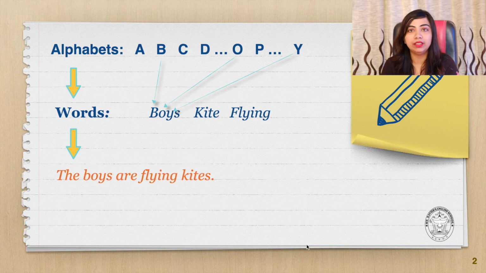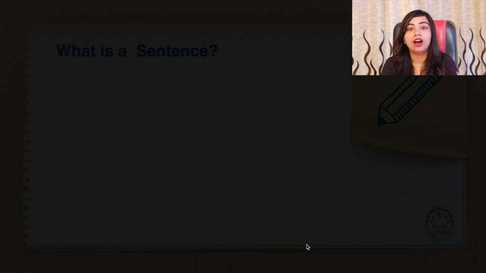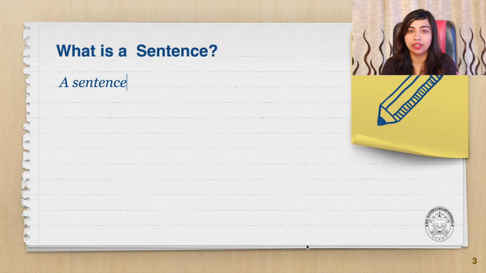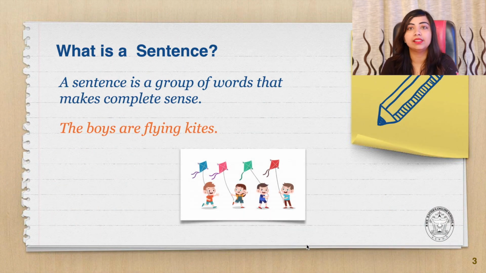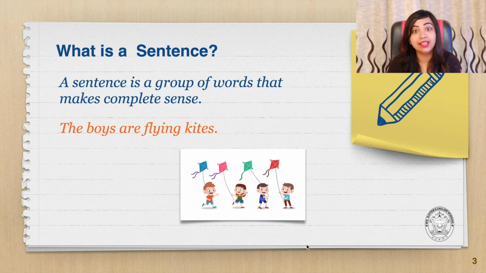For example, the boys are flying kites. Here we can see that the words have been combined to make a meaningful sentence. Therefore, we can say a sentence is a group of words that makes complete sense. I repeat, a sentence is a group of words that makes meaningful sense.